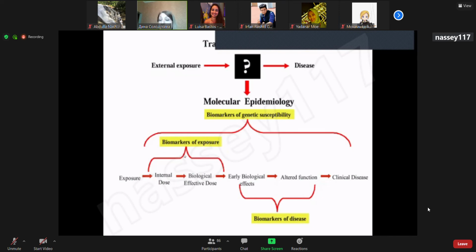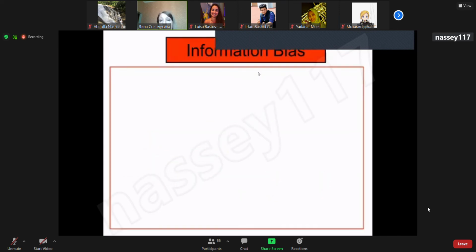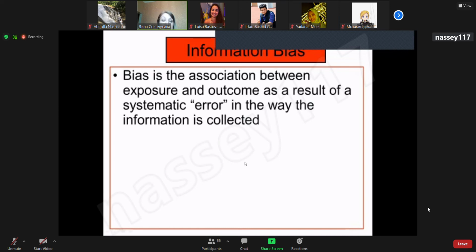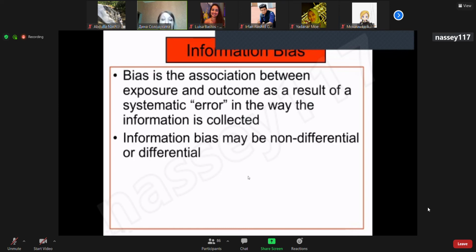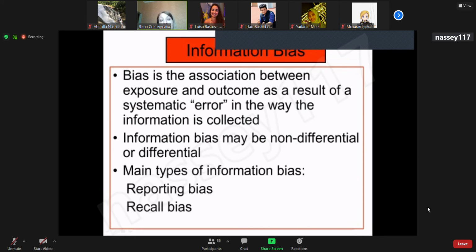Okay, the last question which we will discuss in today's lecture is about biases, or what we call false association or spurious association. One of the main problems in any epidemiological study is a systematic error that is a result of a wrong design.